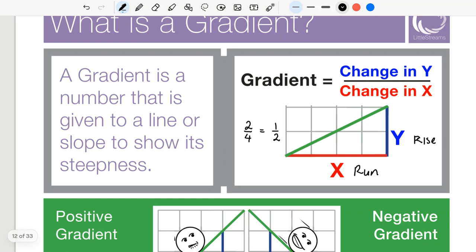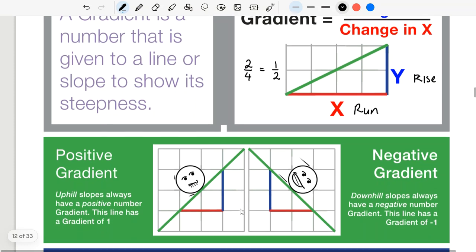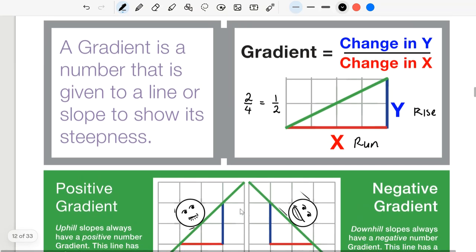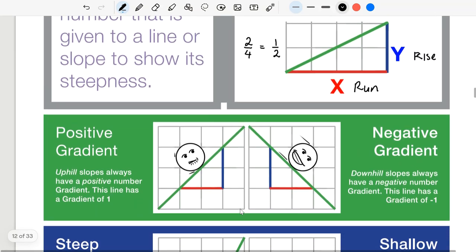Okay. All right. So we do have gradient knowledge like that. We also know that we have a positive gradient if it's going up. We have a negative gradient if we're coming down. They've done it a little bit differently, but I would say the run is always left to right.